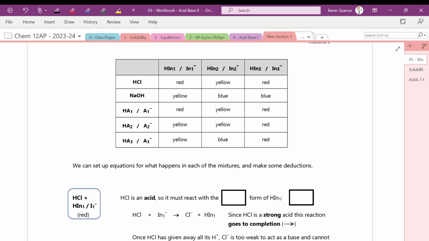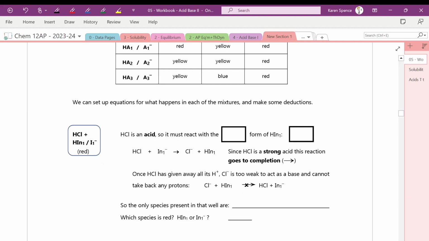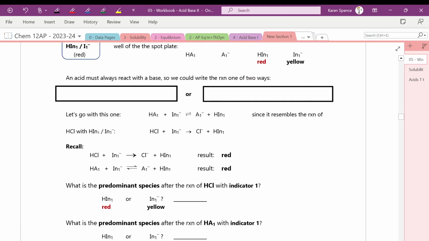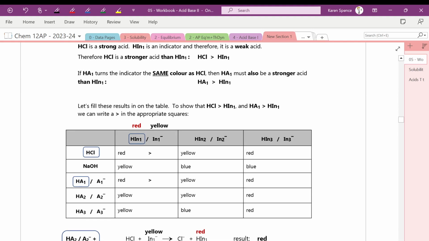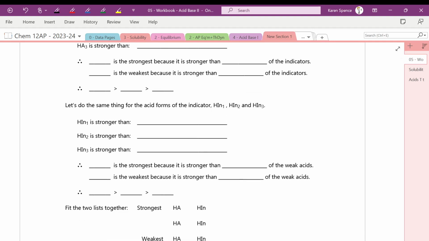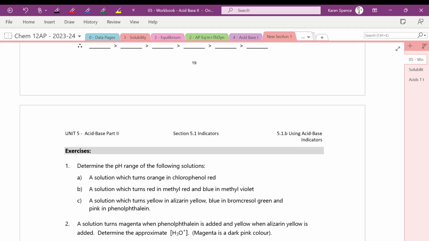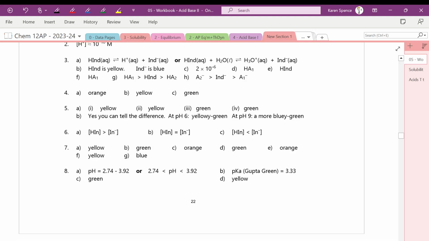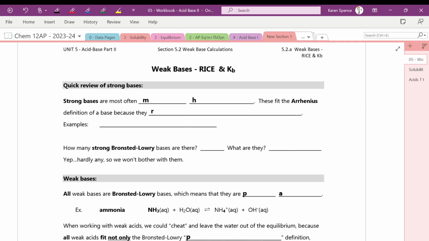Okay. So I think most people have kind of worked their way through this. Am I correct? Is that correct? We worked our way through this? Okay, good. This is just working you through it. So if you want to go through it, you can. There's answers in there. Ooh, weak bases.